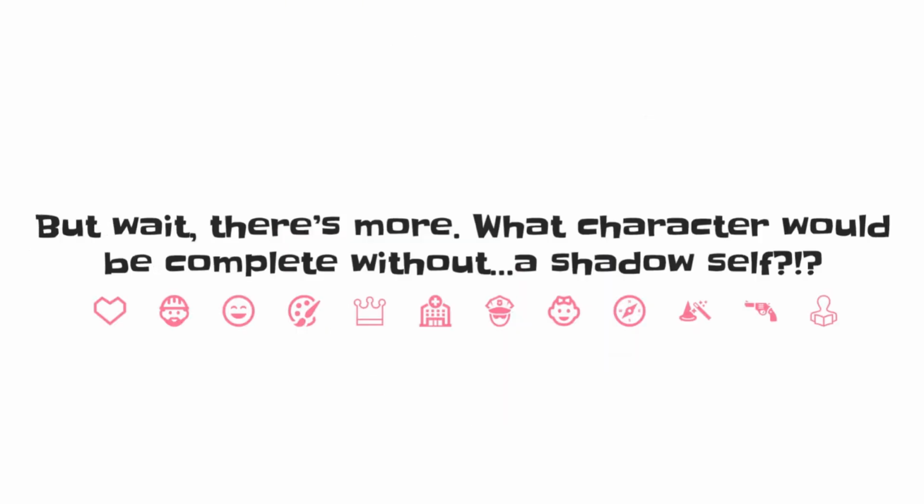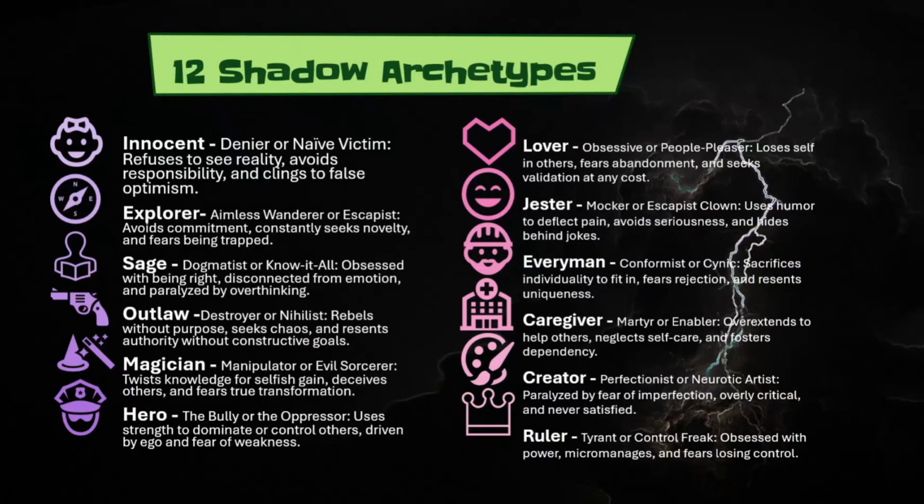But wait, there's more. What character would ever be complete without a shadow self or a dark side? Why, no character at all. So each of our archetypes has, I'll do air quotes here that you can't see, a bad side, a dark side. Again, we've got the innocent, the explorer, the sage, and so on and so forth. The dark side, the shadow side of the jester is that they might use humor to mock and make fun of people, or they are an escapist clown, not a literal clown, but sometimes they use humor, they use sarcasm to deflect the pain that they have.